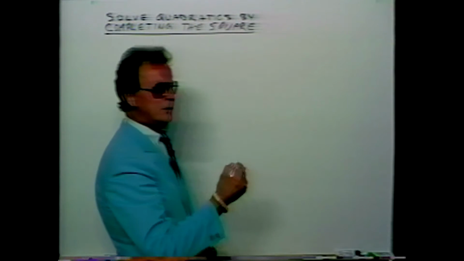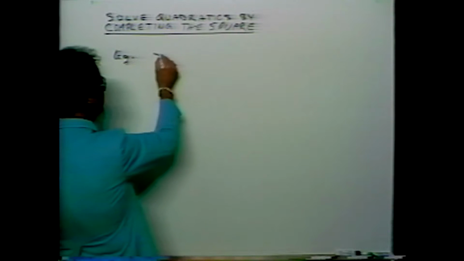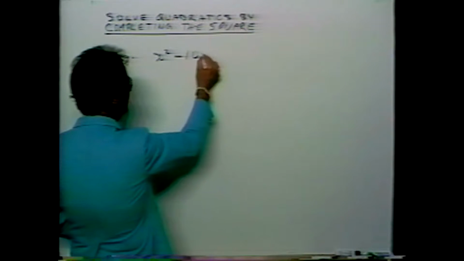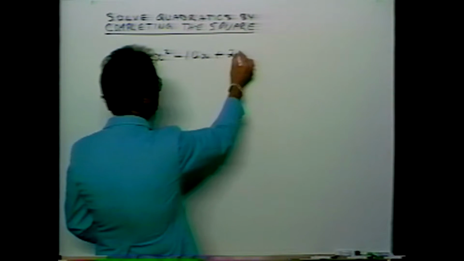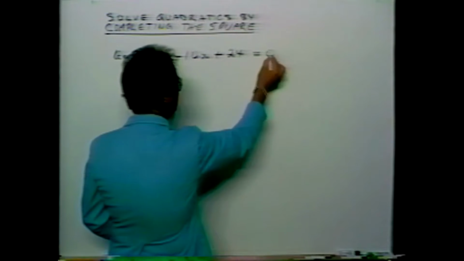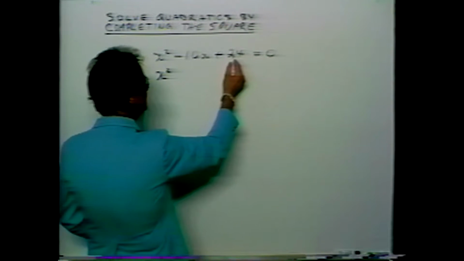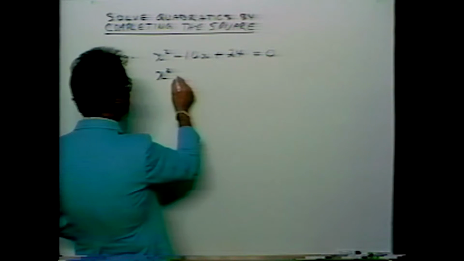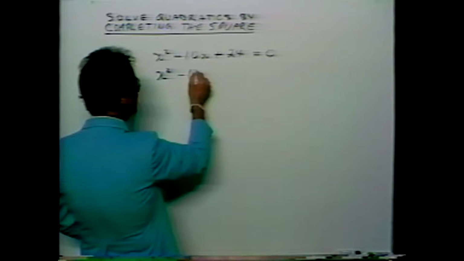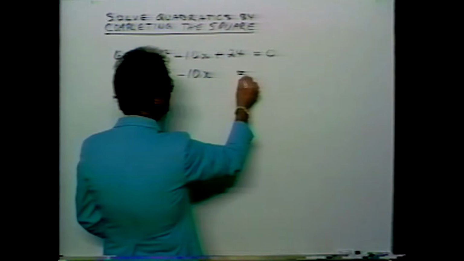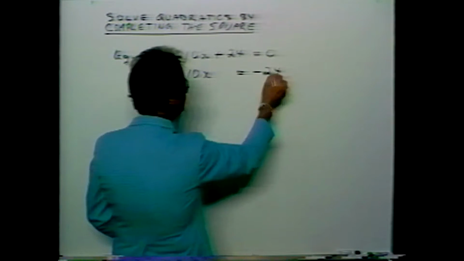Here is another example. x squared minus 10x plus 24 equals 0. Take the absolute term and place it on the right-hand side, then x squared minus 10x equals minus 24.